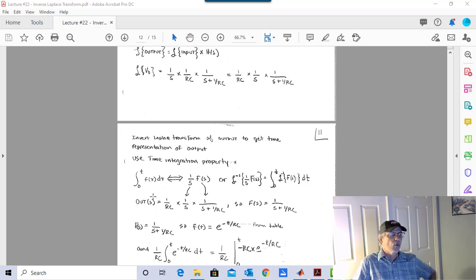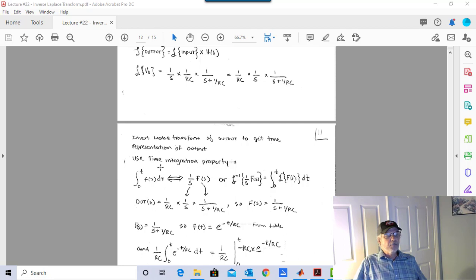And so what I can do is say that if I have a Laplace transform that is 1 over s times F(s), then I can get the inverse Laplace transform of F(s) and then just integrate it from 0 to t.